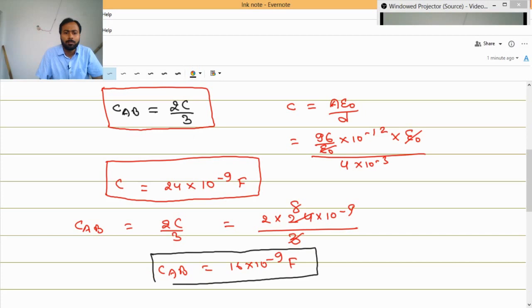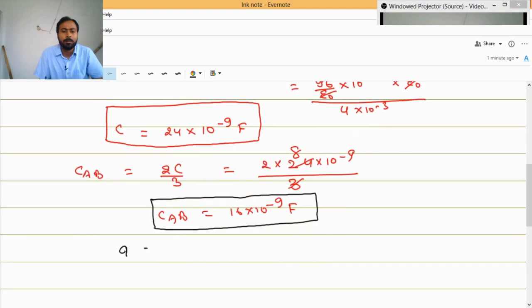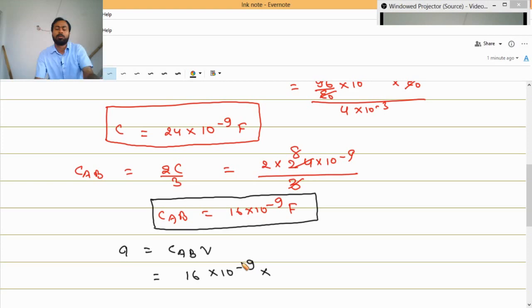Now the charge supplied by the battery, how we can evaluate it: the charge supplied by the battery will be Q equals C AB into V. So we take 16 into 10 to the power minus 9 into the potential difference, which is 10 volts. The potential difference given in the question is 10 volts.